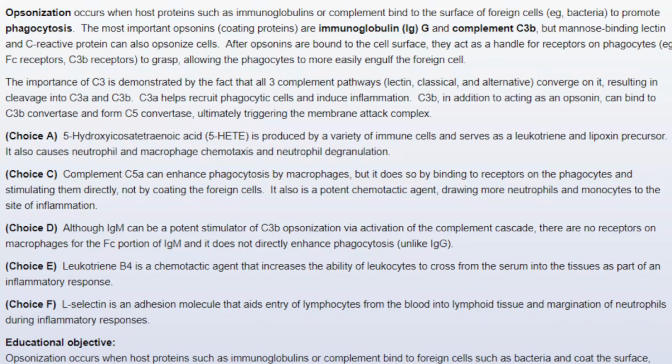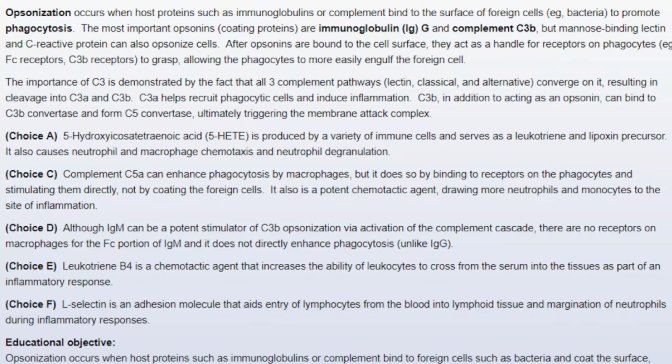So they help the monocyte to phagocytose the bacteria by binding with those receptors.